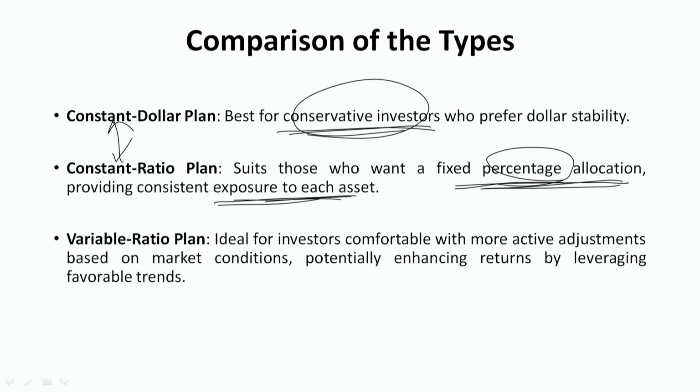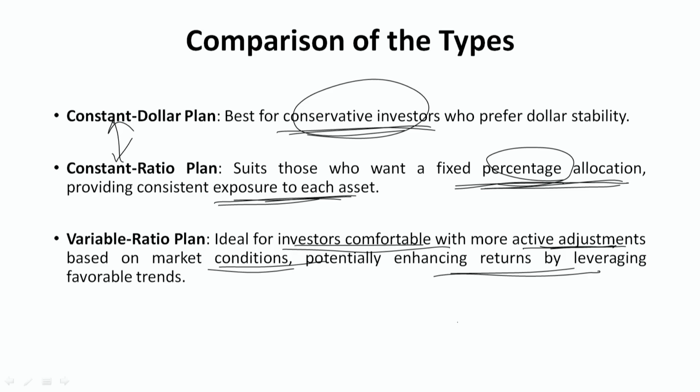And the third category is the variable ratio plan, where it is ideal for investors who are comfortable with active investment strategies, who are ready to watch the market at various points of time, and depending upon the market conditions, they are trying to take leverage of it by investing in those stocks or shares which are giving a higher return.